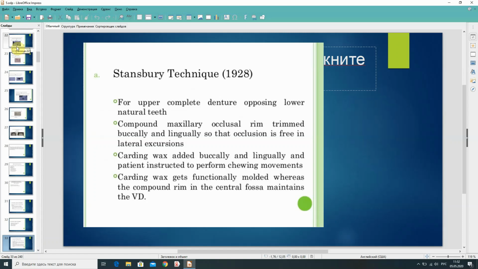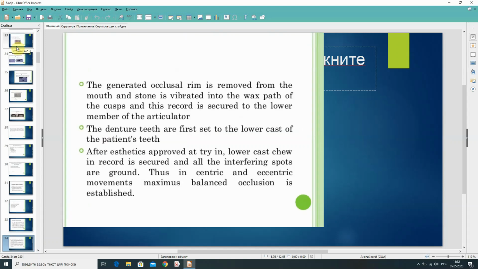The carding wax gets functionally molded, whereas the compound rim in the central fossa maintains the VD. The generated occlusal rim is removed from the mouth and stone is vibrated into the wax path of the cusps, and this record is secured to the lower member of the articulator.